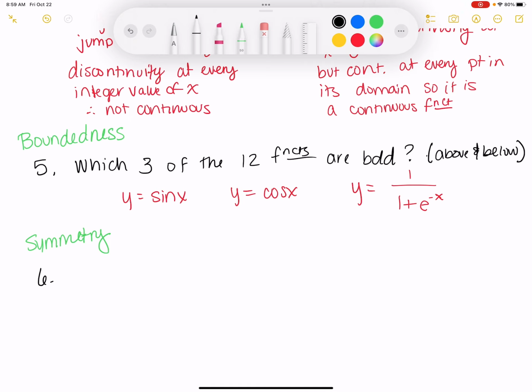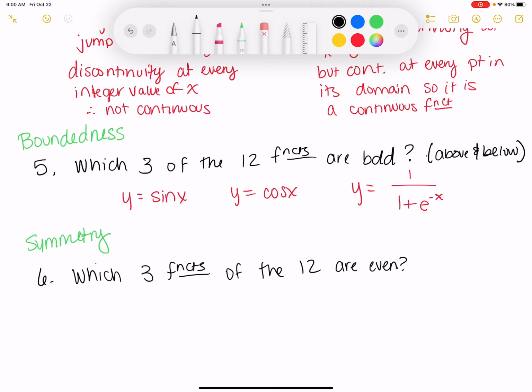Which 3 functions of the 12 are even? What do you mean by even?